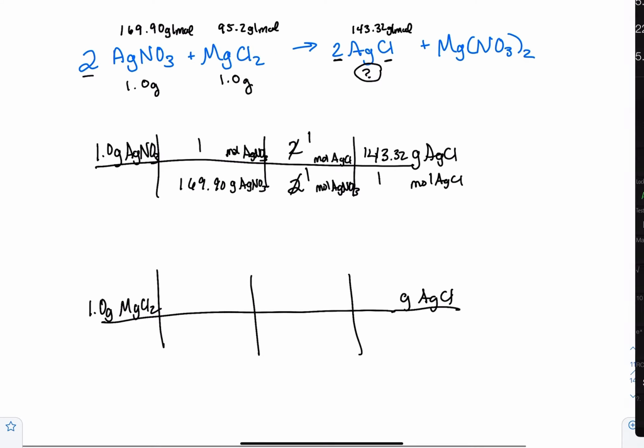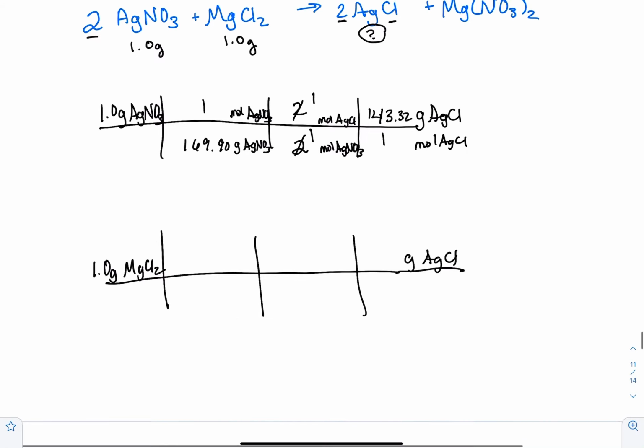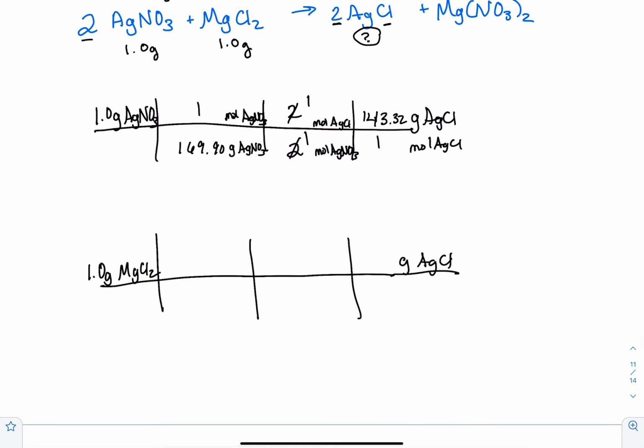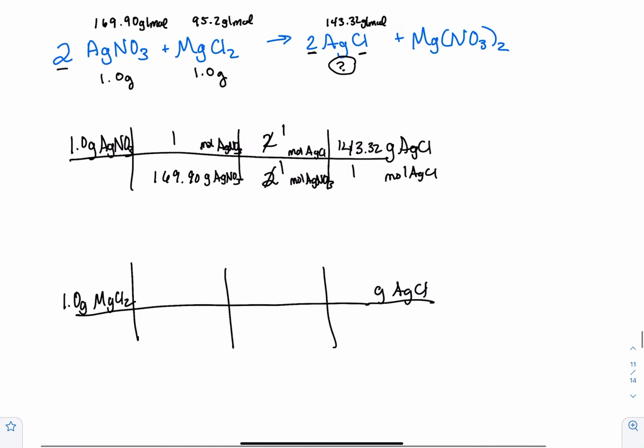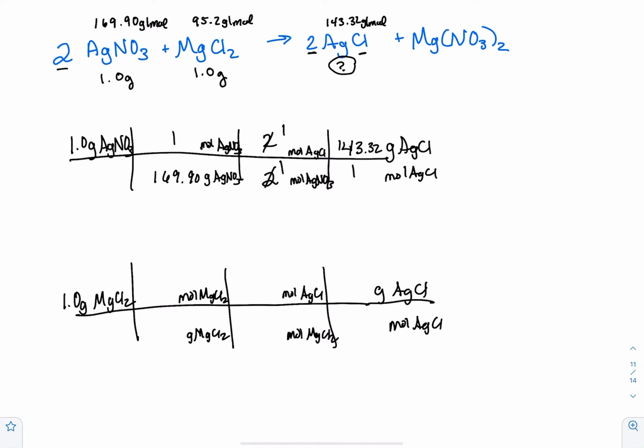All right. And then before I do my calculator, I need to fill out my other one. So I'm kind of doing all of the same thinking all at once. So I'm going to go from grams of MgCl2 into moles of MgCl2, and then moles of MgCl2 into moles of AgCl, and then moles of AgCl into grams.